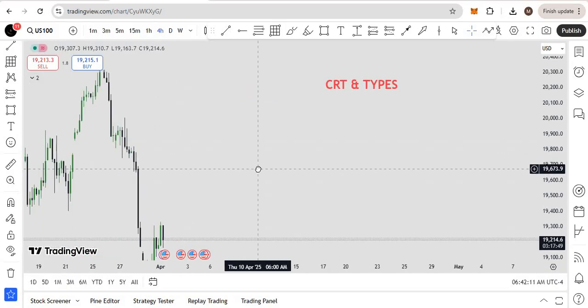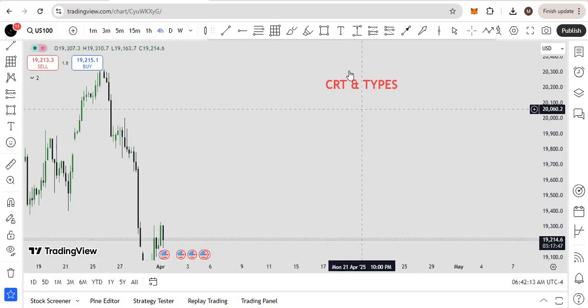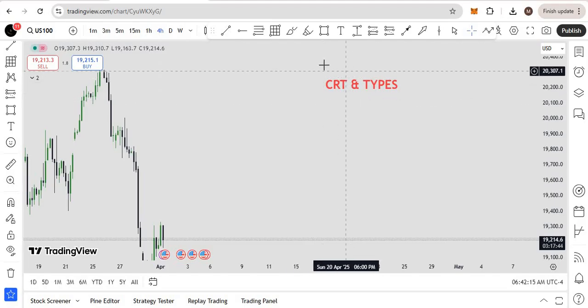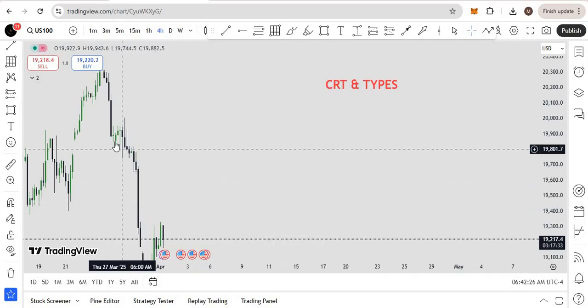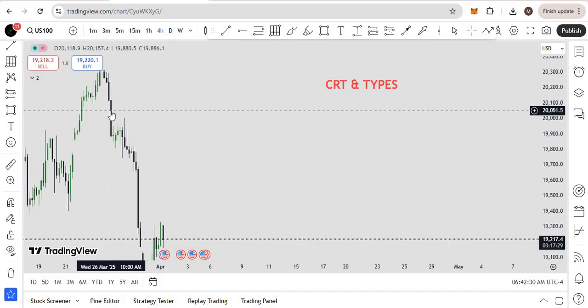These concepts were made by a guy named Romeo. You will maybe see him on Twitter, and I think he also has a YouTube channel under his name, Romeo. He explains that each candle has its range, so we are going to trade the range.